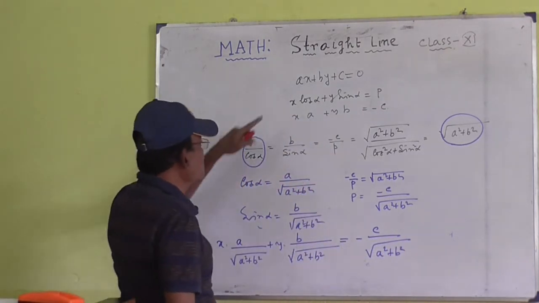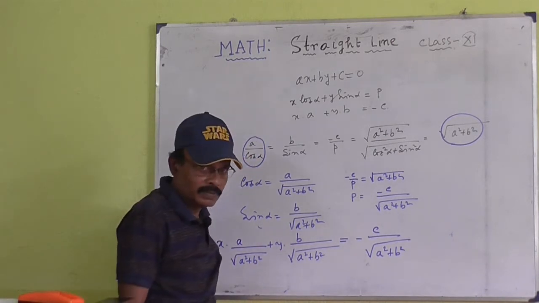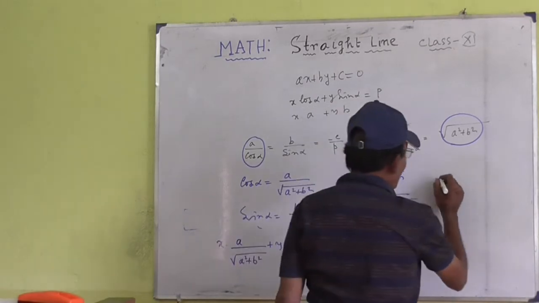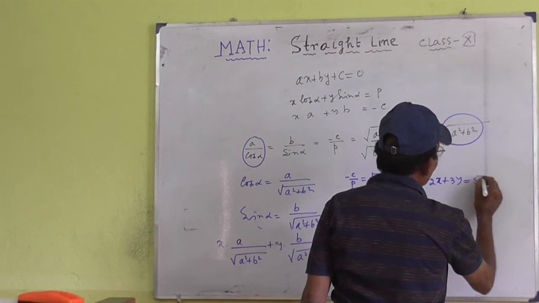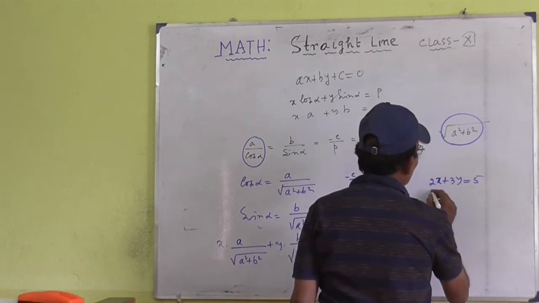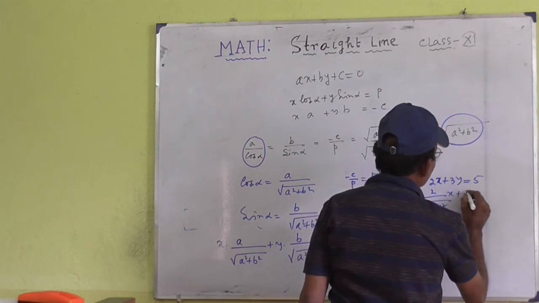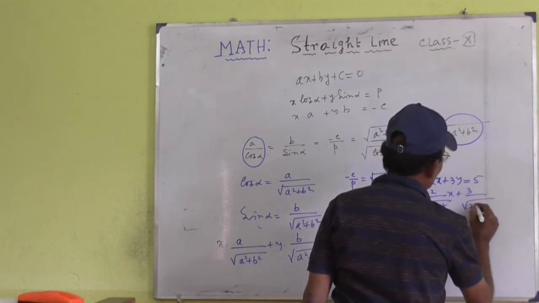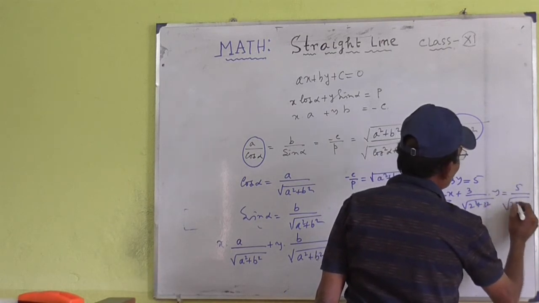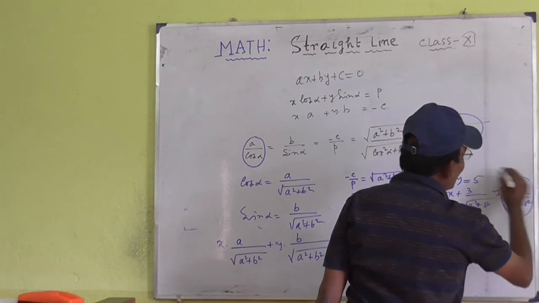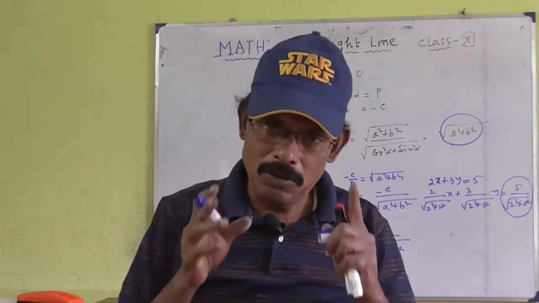So from this form we reach this form. Clear? Let us take 2x plus 3y equal to 5. So the normal form will be 2 by root over 2 square plus 3 square into x plus 3 by root over 2 square plus 3 square into y equals 5 by root over 2 square plus 3 square. This value represents P, that means the perpendicular, that means the normal.